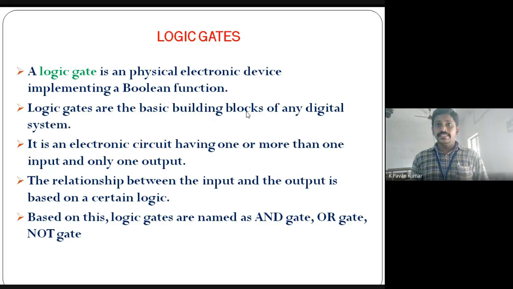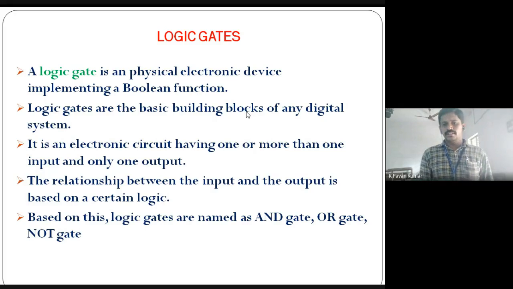A logic gate is a physical electronic device implementing a Boolean function. Logic gates are used for implementing Boolean functions. What is meant by a Boolean function? A Boolean function is a combination of variables which are logically added or ANDed, depending upon which type of logic you use.